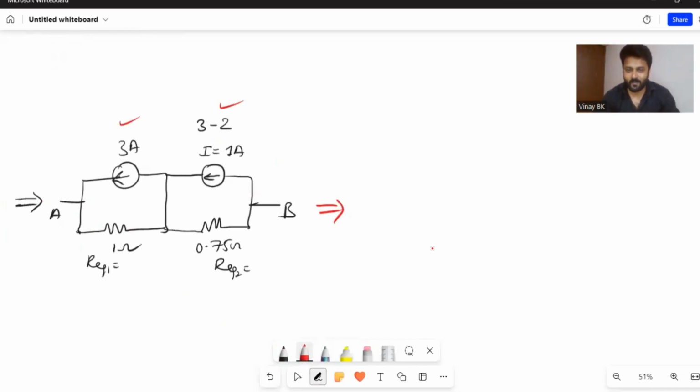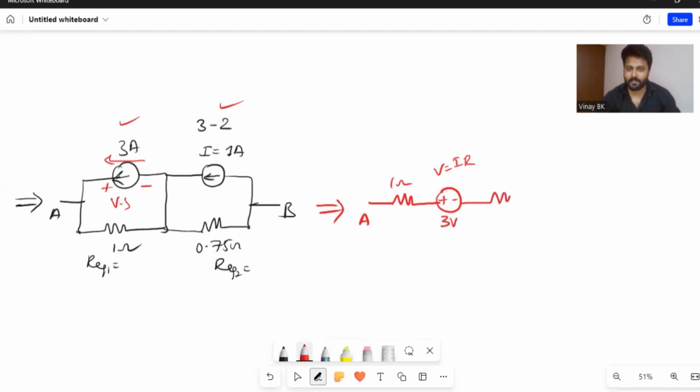That's all. So now from A, I'm converting this current source into a voltage source. We'll get a 1 ohm resistor along with a voltage source. Again 1 ohm, and the polarity: now the direction of current is B to A, that is nothing but minus plus. A side it is plus, B side it is minus, and V is given by I into R, where I is 3 and R is 1, so obviously it is 3 volts.